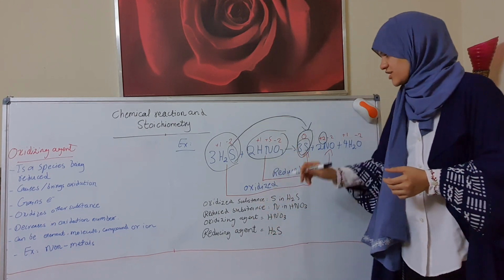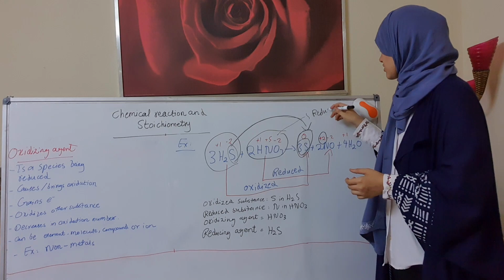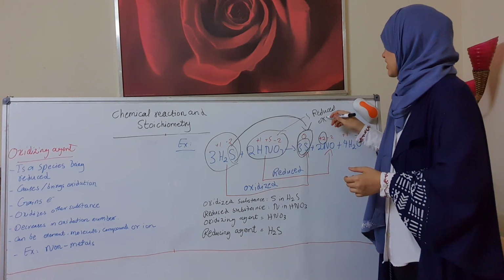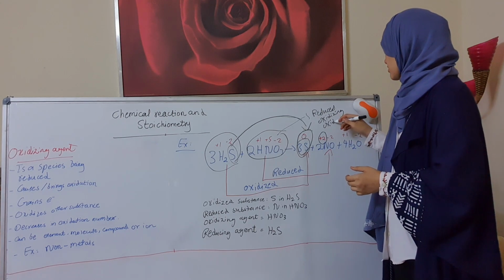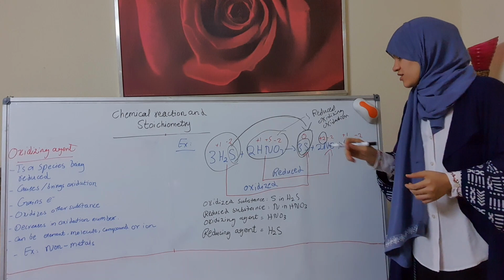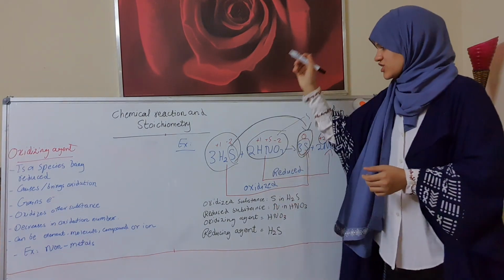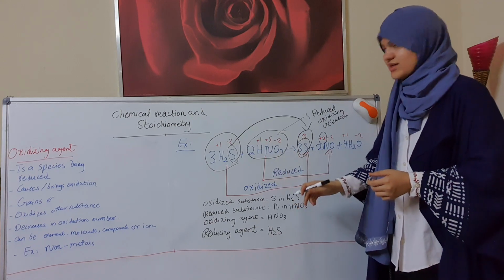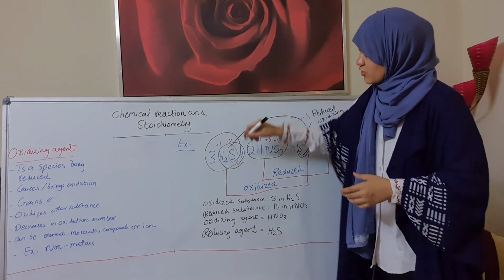It is HNO3, because if it is reduced, it will be the oxidizing agent, and it will cause oxidation. But if it is a reducing agent, the compound is H2S.